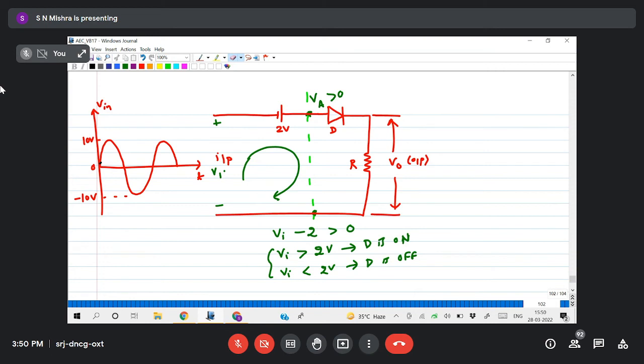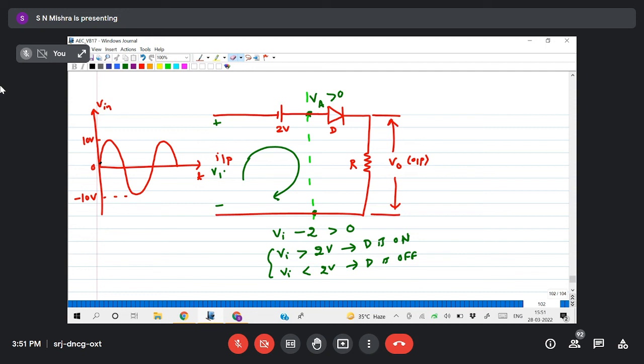At what condition, like here Vi greater than 2, diode is on, less than 2, diode is off. In this case what is my condition? What input makes the diode on, what input makes the diode off? If Vi is less than -2, then it will be off. Vi less than -2 is off, so the opposite will be on. Yes sir. So how have you found out?